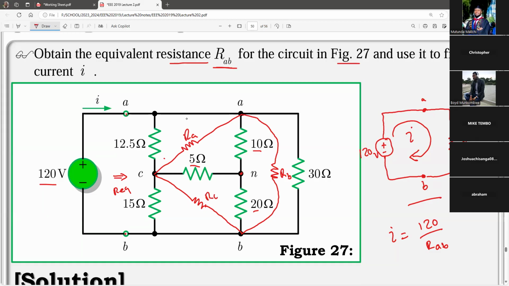Because you see quickly, once you do that, you know that RB and 30 are in parallel. Then the other side, 15 and RC, are in parallel. Then also this side, 12.5 is in parallel to RA.